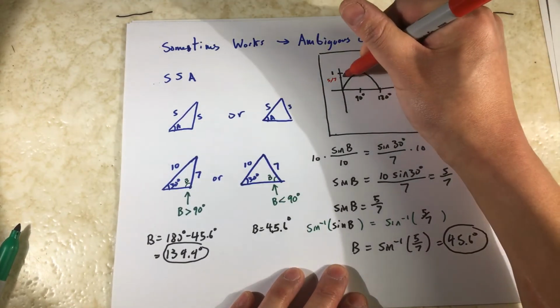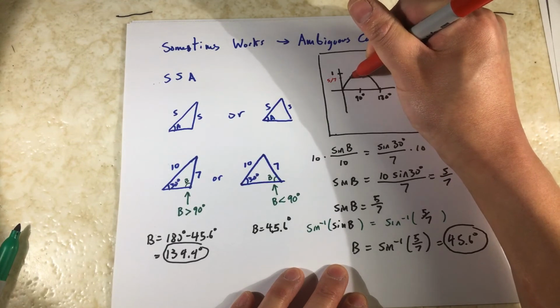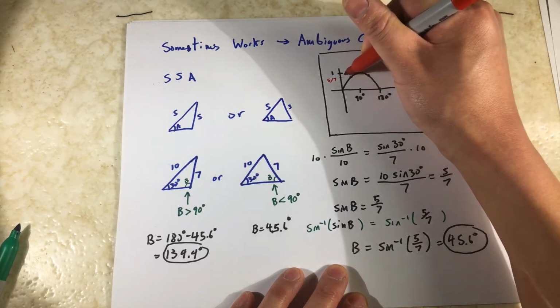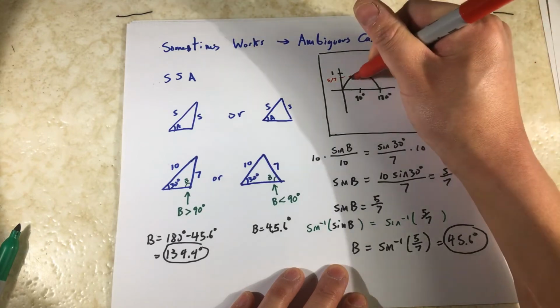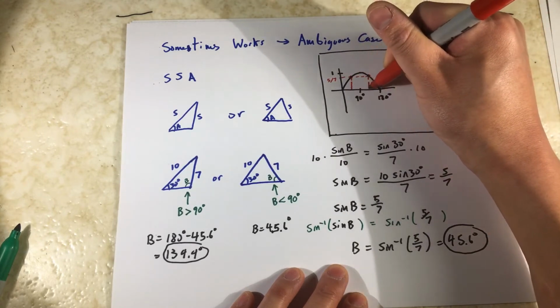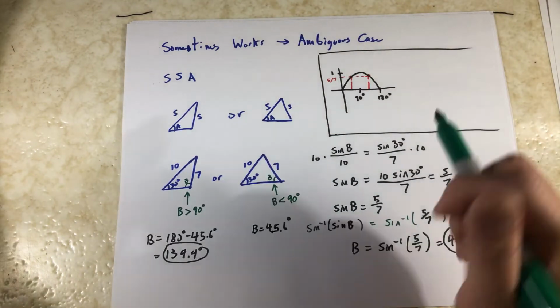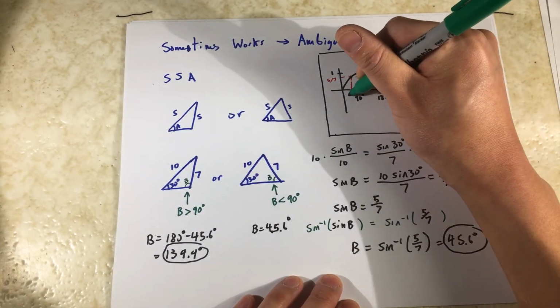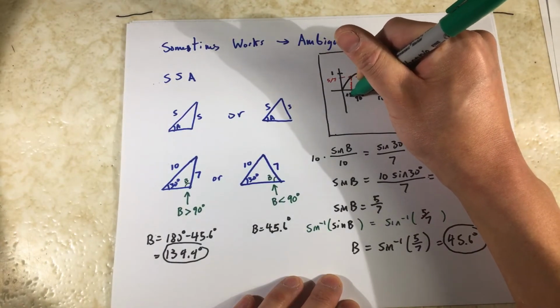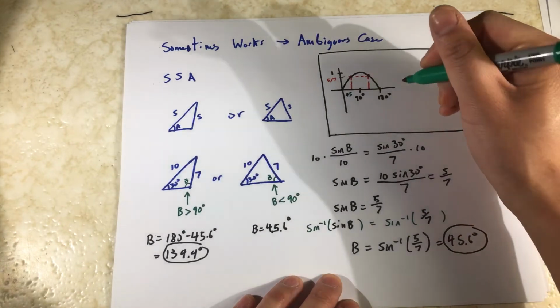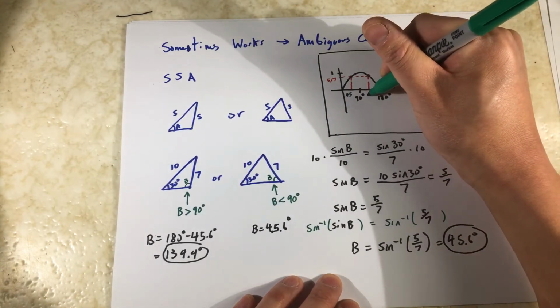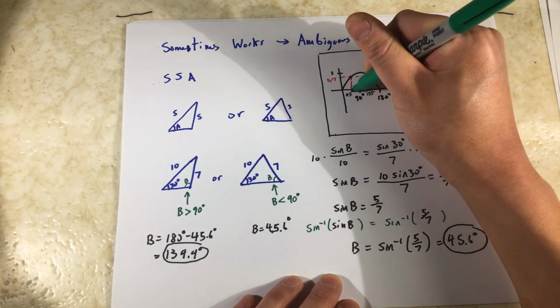It has a value right here, and it also has a value right here. If you project across and then down, this value is what we solve for. I'm just going to round to 45, and this one should be 135.